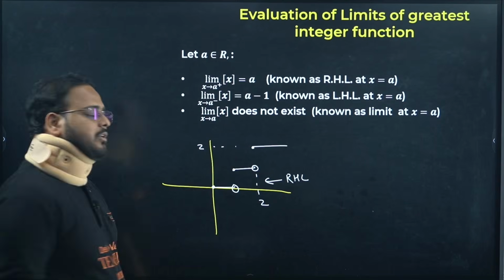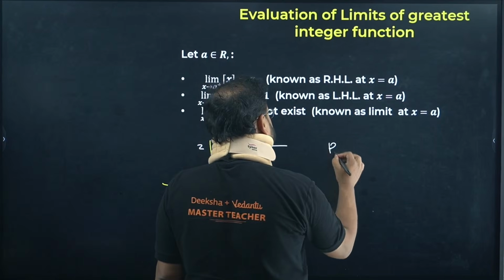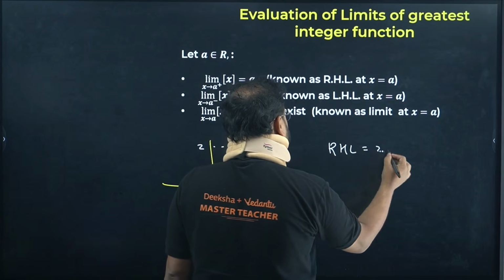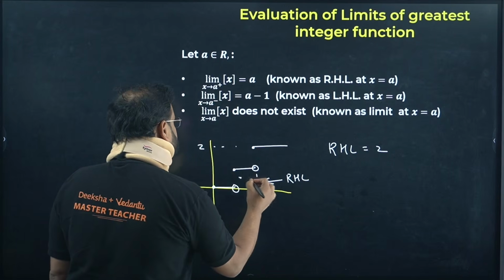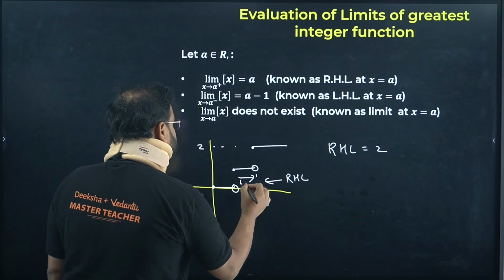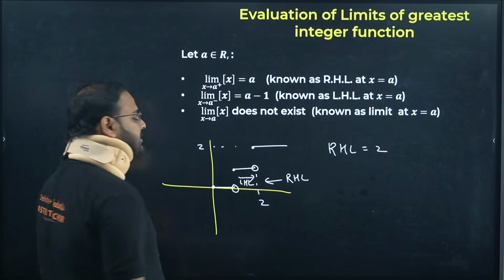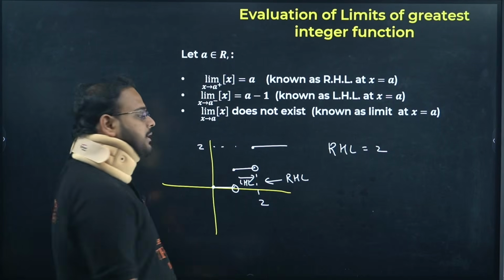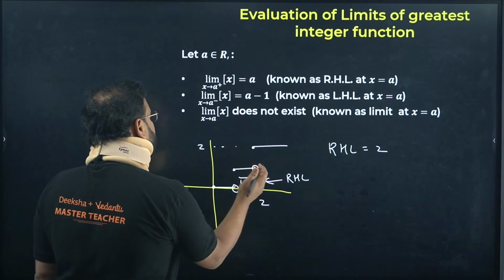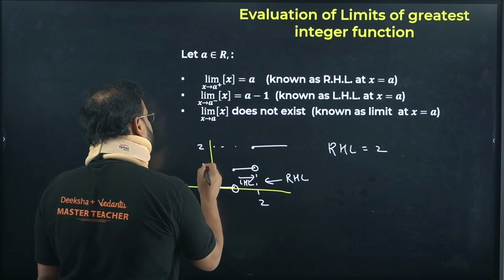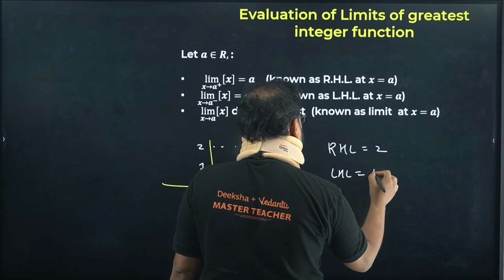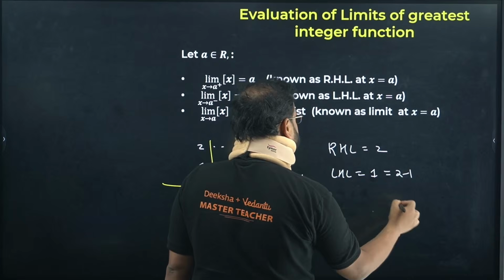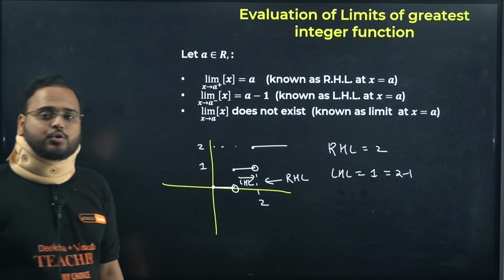So the RHL value over here is coming as 2, sir. What if I approach the same 2 from this side, which is called the LHL? Please check. If I go from here, this value will be what? Always 1. So the LHL value will always be 1. And how do we get 1? 2 minus 1.